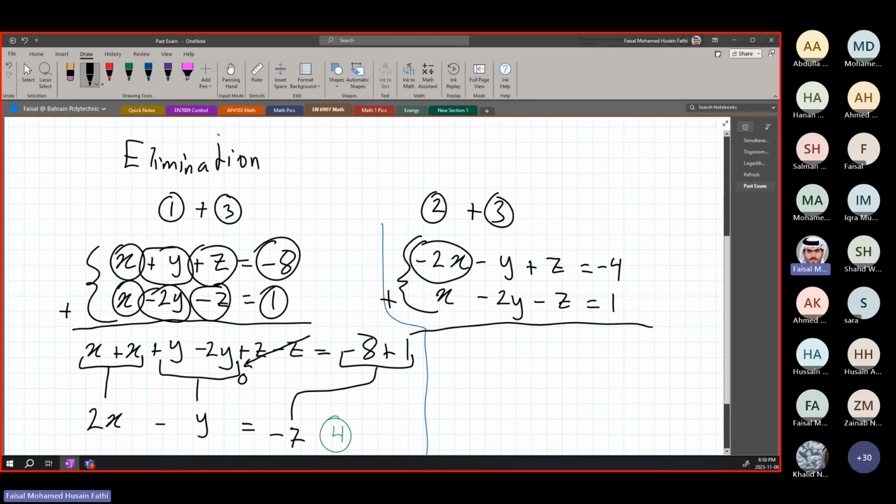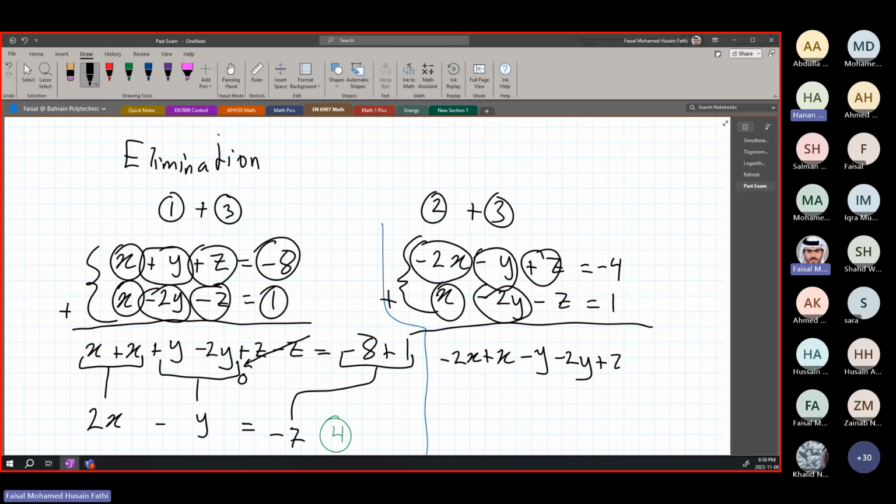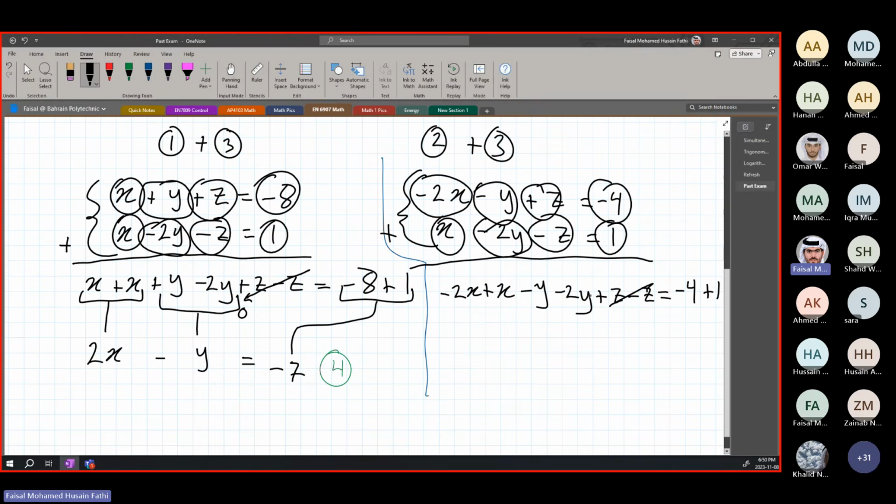So we start with minus 2x plus x, minus y minus 2y, plus z minus z, is equal to minus 4 plus 1. We can see the z's go to 0.